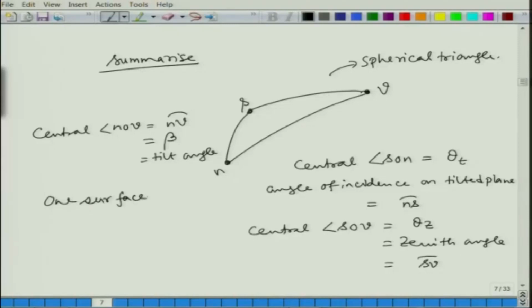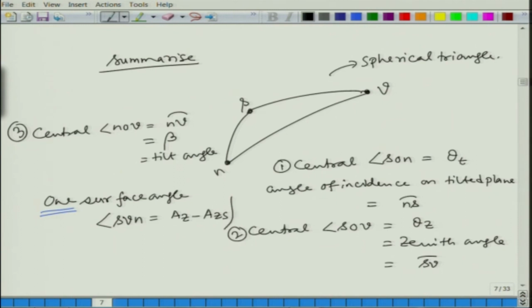So, 3 central angles. Central angles are this 1, 2 and 3, and here we have just a single surface angle, which is our SVN, and that is AZ minus AZS.